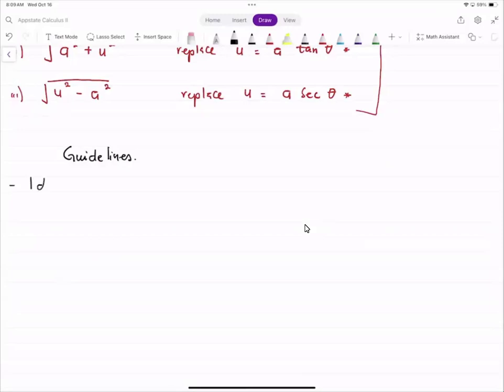So I'll write this as: identify which trig function to substitute.